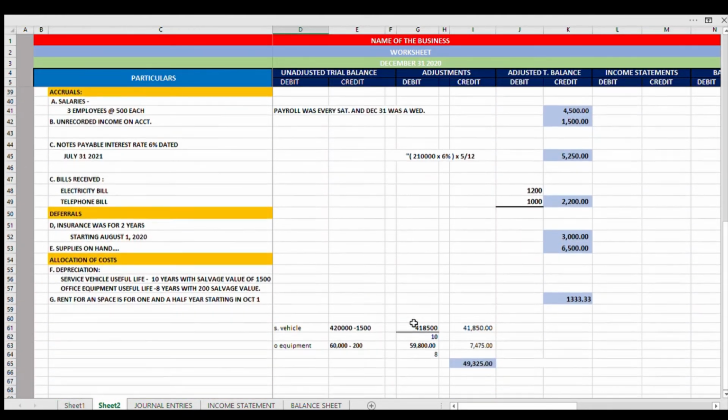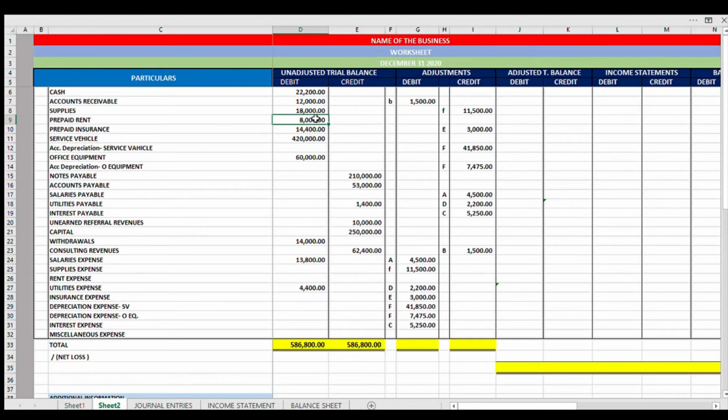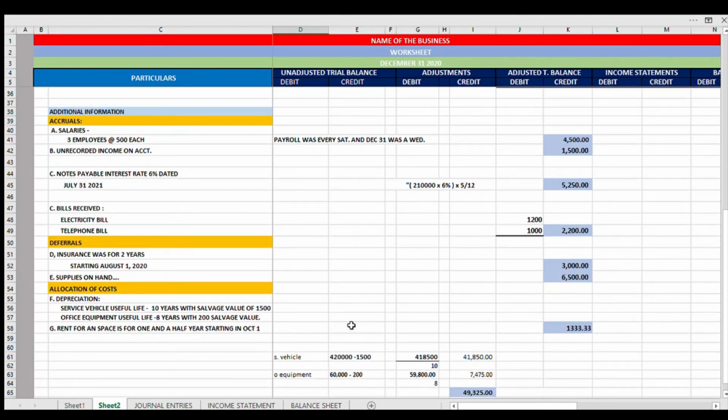So, we have 8,000, divided by 18 months, 8,000 again, this one, divided by 18 months, multiplied by 3. So, let's check natin sa calculator. The answer is 8,000 divided by 18, then times 3.